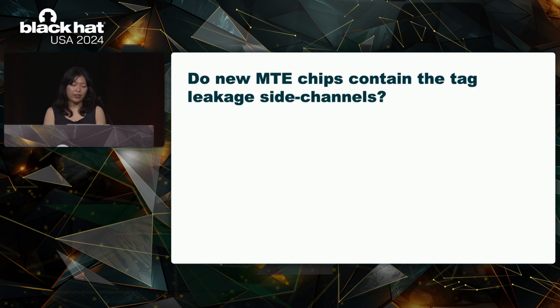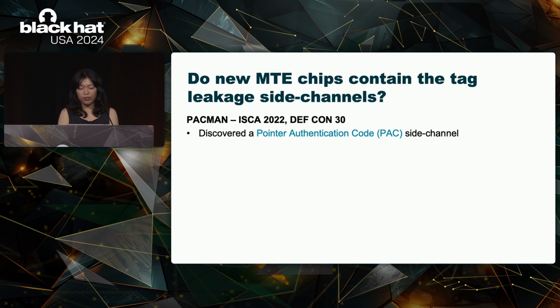And the key question is whether these new MTE chips actually contain the tag leakage side channel. Previously, an attack called PACMAN leaked the ARM pointer authentication code with a side channel. So it is possible that these new ARM chips also have a similar side channel issue with MTE.